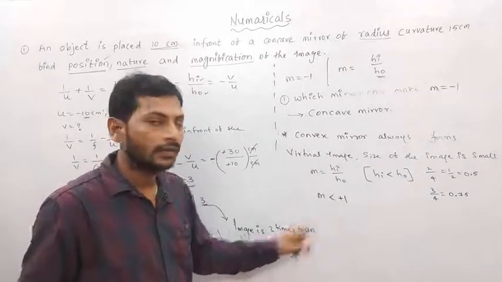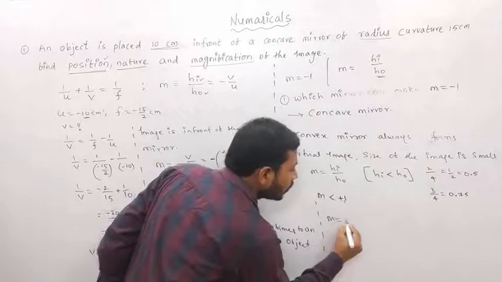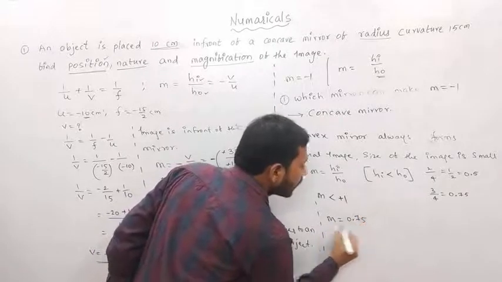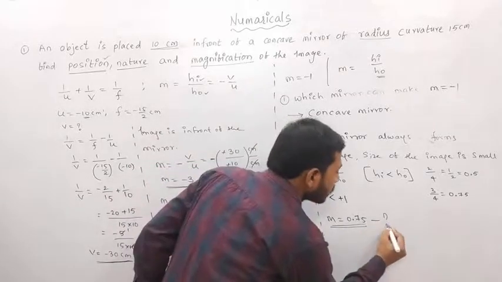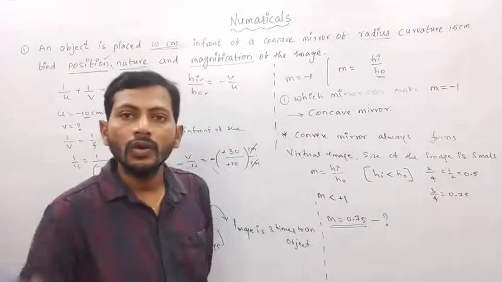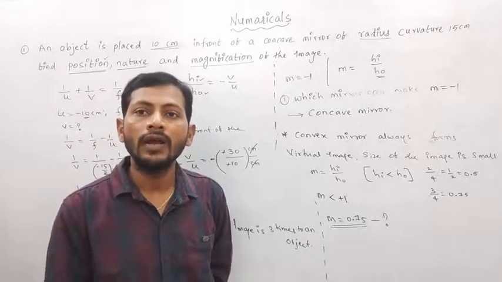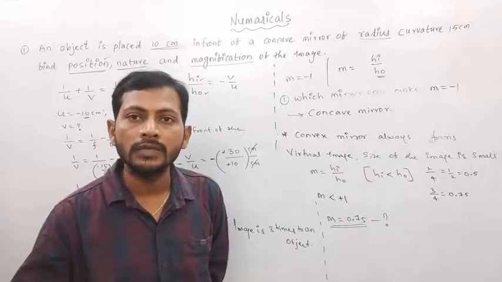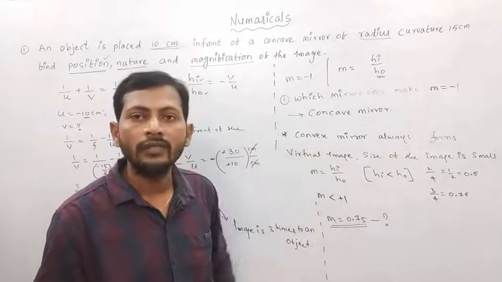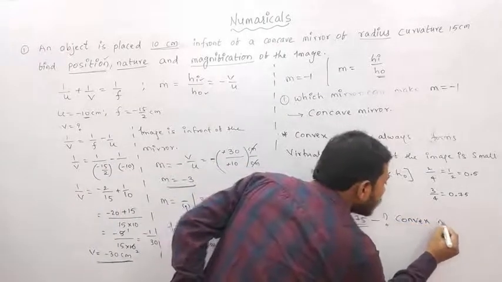If an examination question is given, for example, M equal to 0.75 magnification, then which type of mirror is this? No need to think more. Magnification is less than 1 and positive. Virtual image is only caused by convex. So the answer is convex mirror, sir.